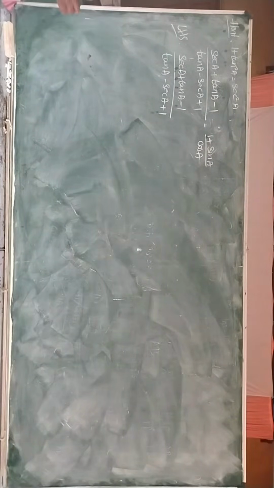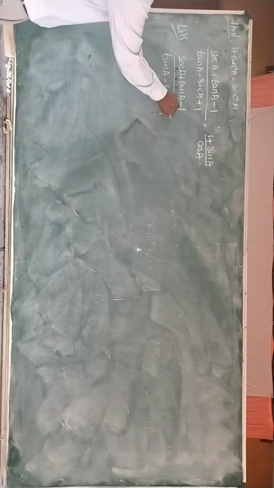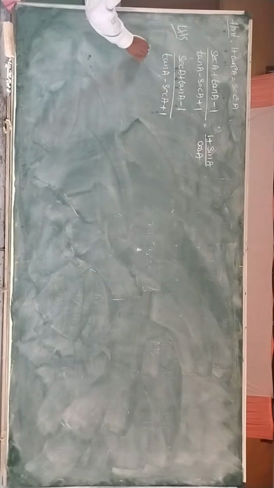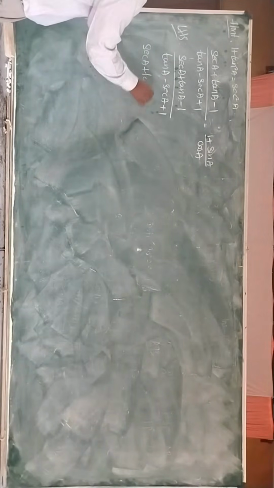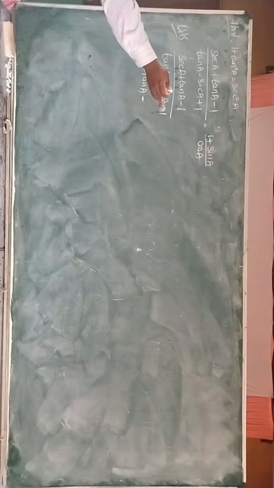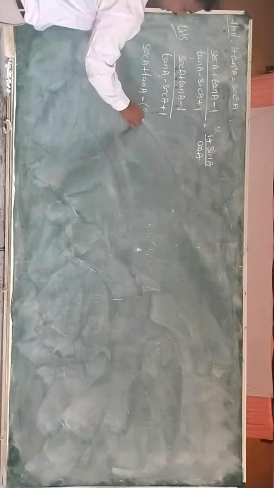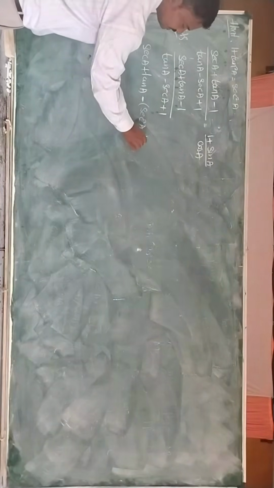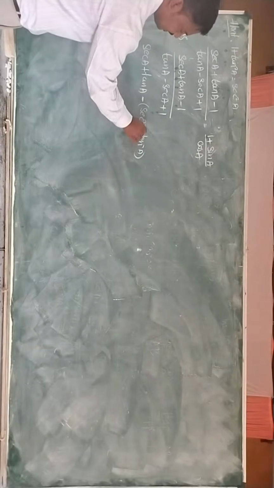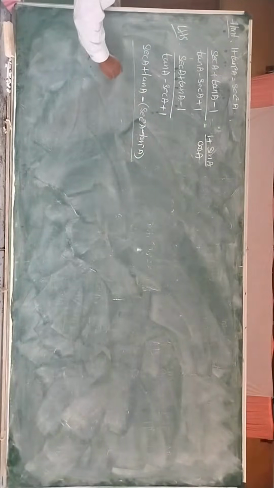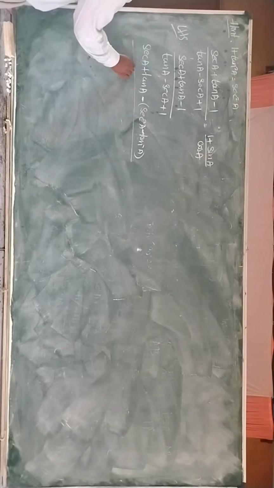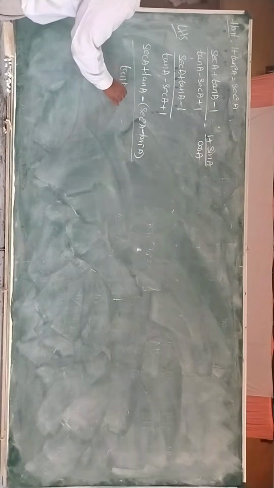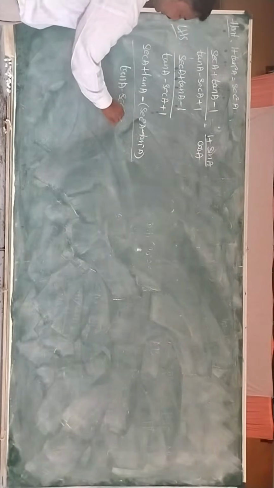You see here, sec A plus tan A minus 1, sec A plus tan A, and this minus 1, I write it as sec square A minus tan square A. Sec square A minus tan square A divided by tan A minus sec A plus 1.